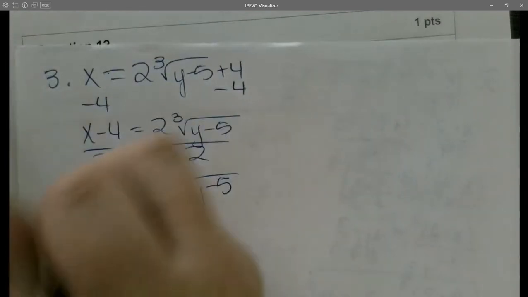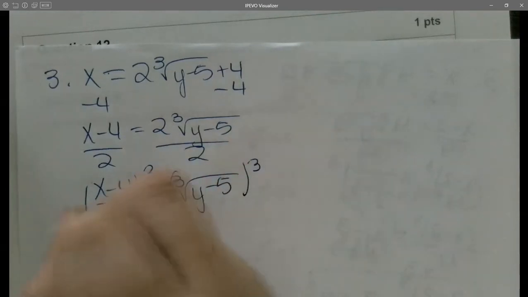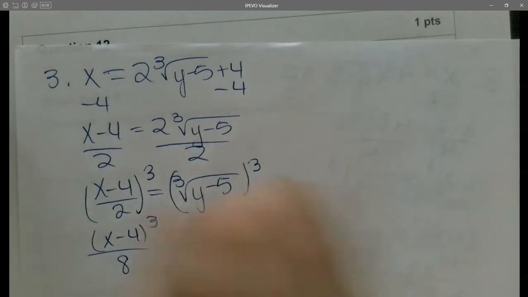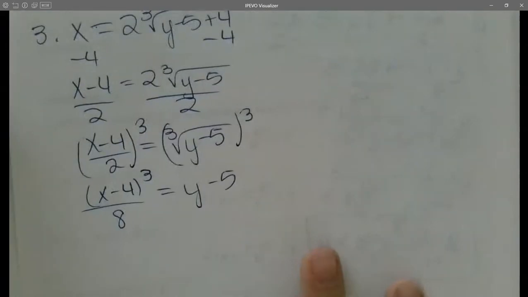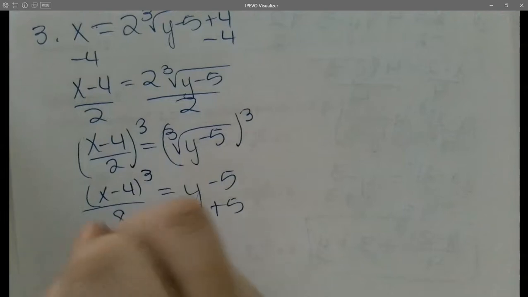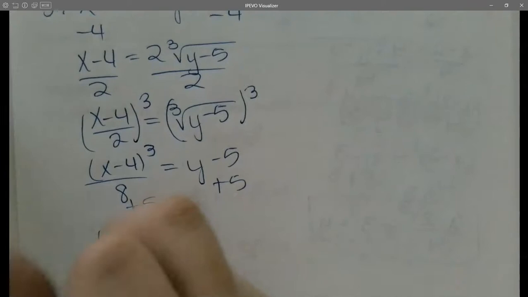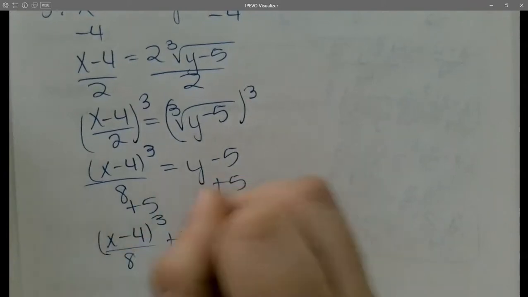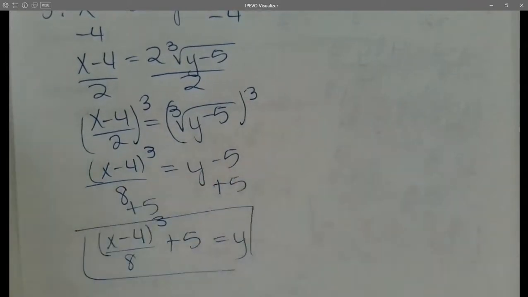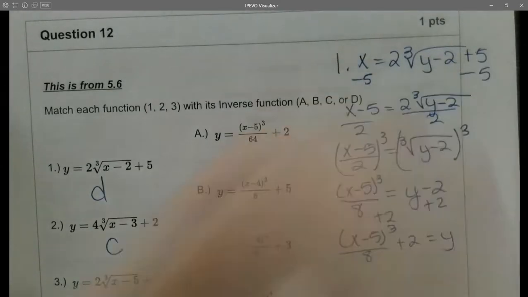Then I cube both sides to get rid of that cube root. That gets me x minus 4 cubed on the top, 2 cubed is 8, equals y minus 5. Then I add 5 to both sides. So I get x minus 4 cubed over 8 plus 5 equals y. So this one, oh, I already used that one, is B.